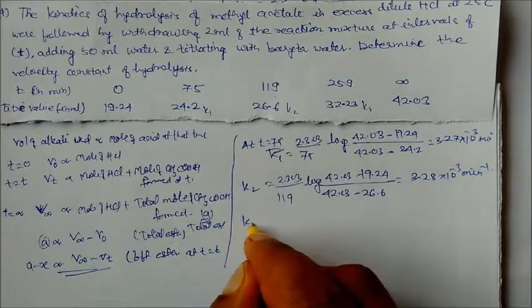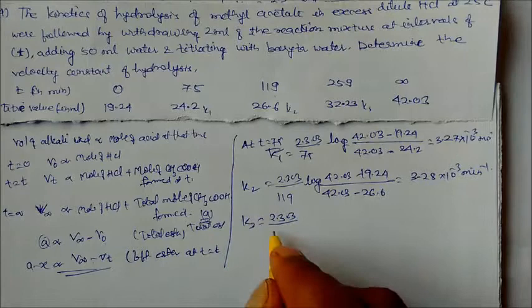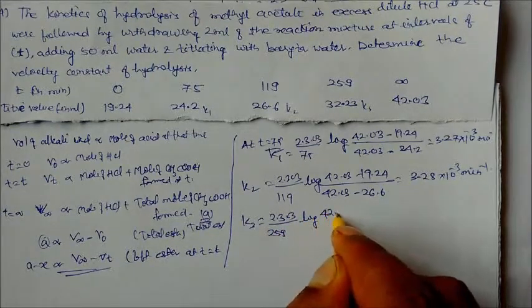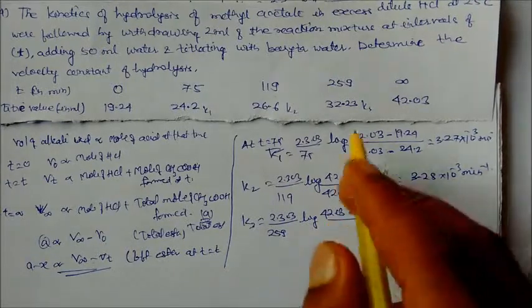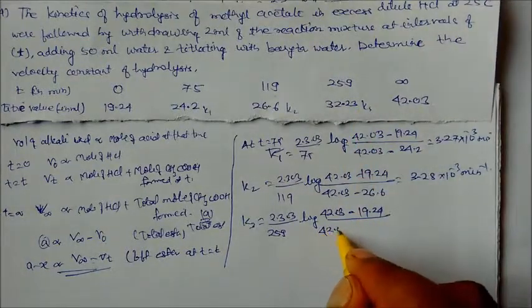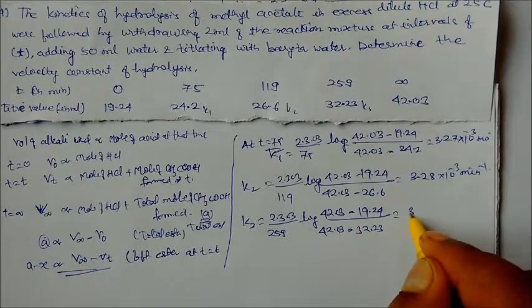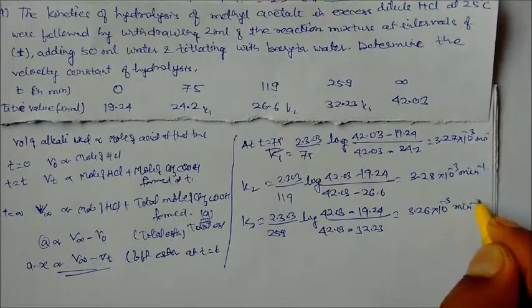And again you take K3. So K3 is 2.303 by 259, log of 42.03 minus 19.24 divided by 42.03 minus 32.23, which will be equal to 3.26 into 10 to the power minus 3 per minute.